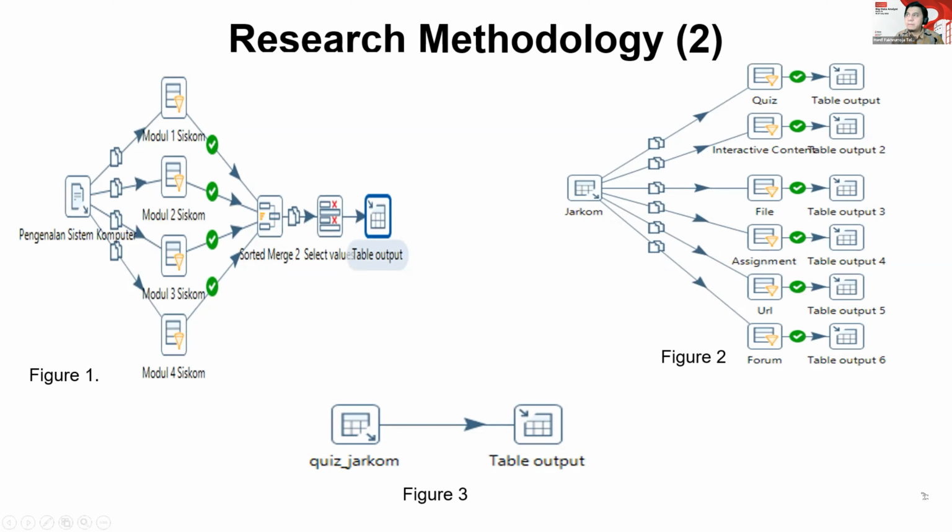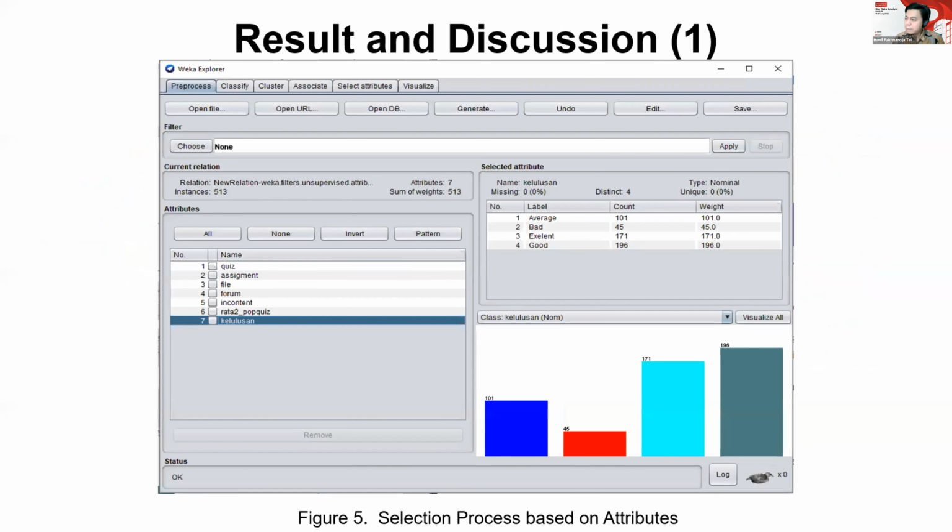Okay, after we do some data pre-processing, here is the result of our research. When we use the WEKA tool by selecting the data to be used in the classification process, that will be done in the pre-process menu. It can be seen in this slide.